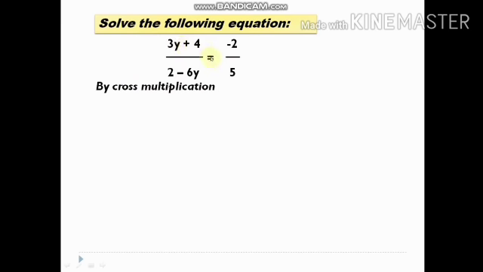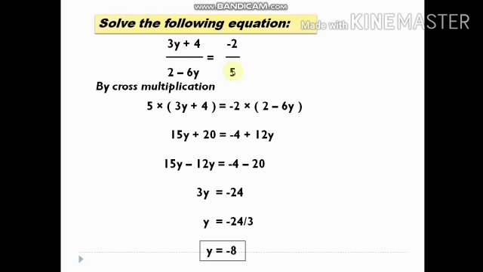This 3y plus 4 multiply with this 5 and this 2 minus 6y multiply with this minus 2, and we will get 5 into 3y plus 4 equal minus 2 into 2 minus 6y. When we will open bracket we will get 5 3s are 15y, 5 4s are 20 equals to minus 2 into 2 we will get minus 4, minus minus plus 12y.